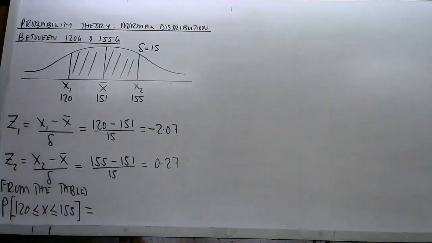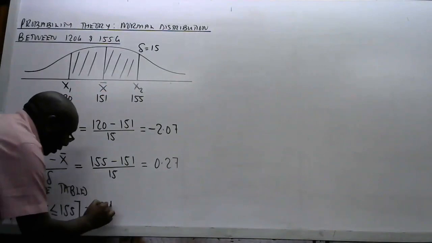I have got the tables, and reading for 2.07 gives 0.48.